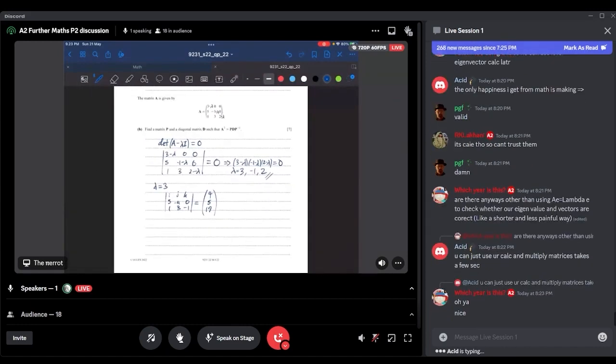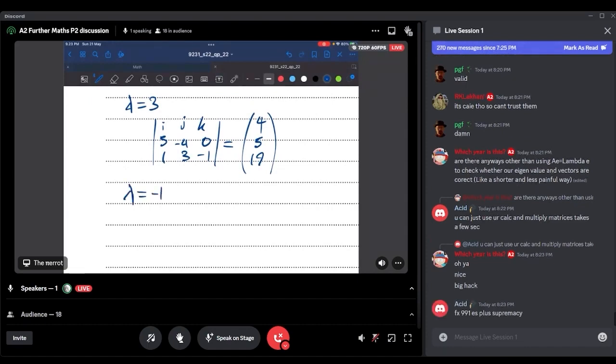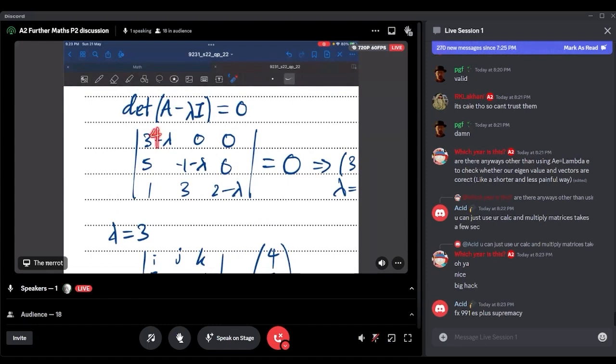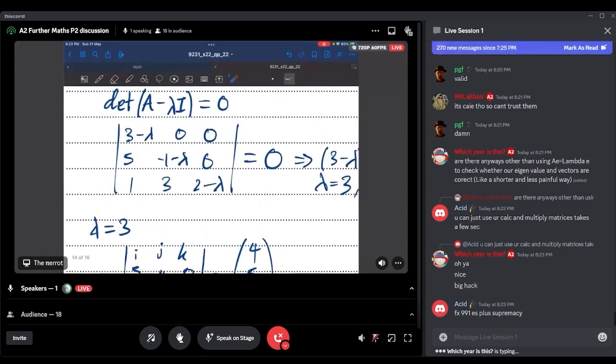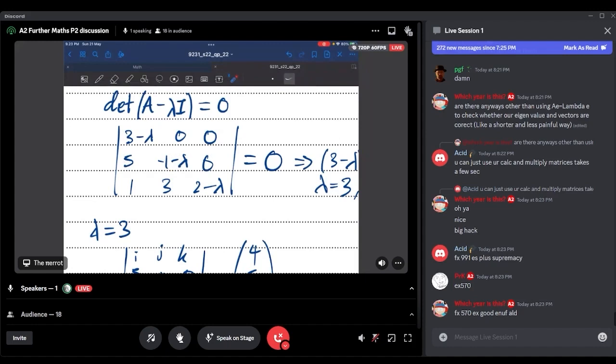Let's do when it's minus 1. When it's minus 1, we have 4, 0, 0, and this is just 4. Then, when it's minus 1, this is just 0 here, so 5, 0, 0. Notice that this becomes parallel to this. We don't want to take the cross product of these two, or else it'll become 0.